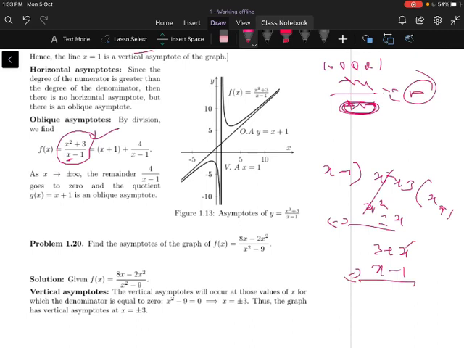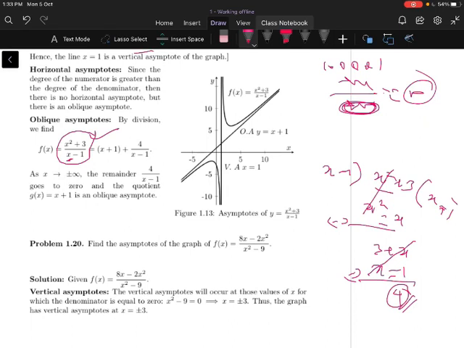Subtract: x minus x cancels, and here minus becomes plus, so 4 is the remainder. We have to divide until the degree of the remainder is less than the degree of the denominator; here it is a constant.